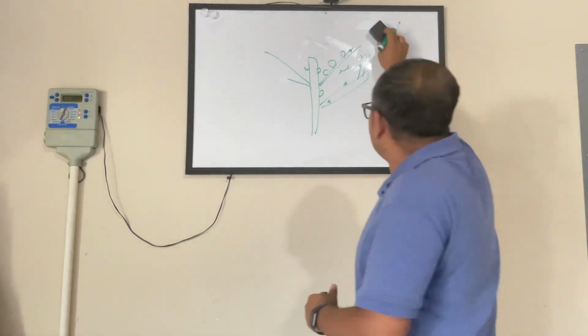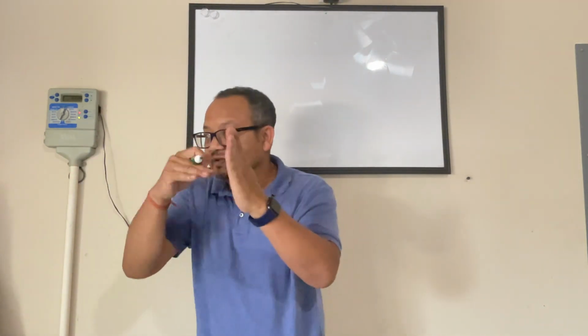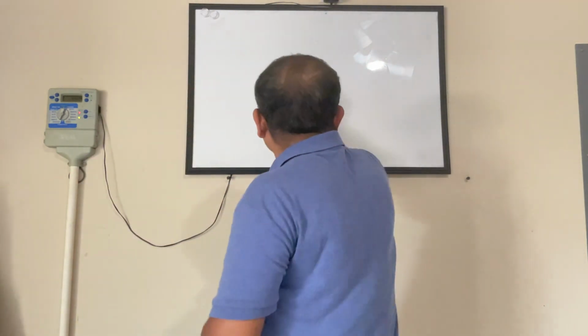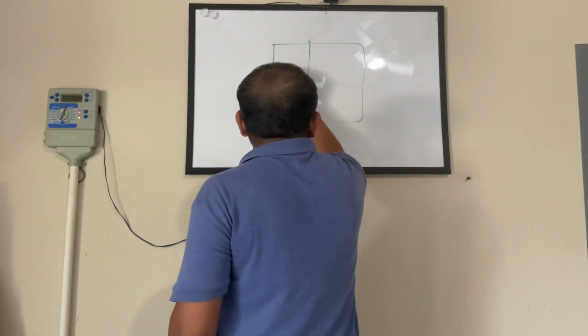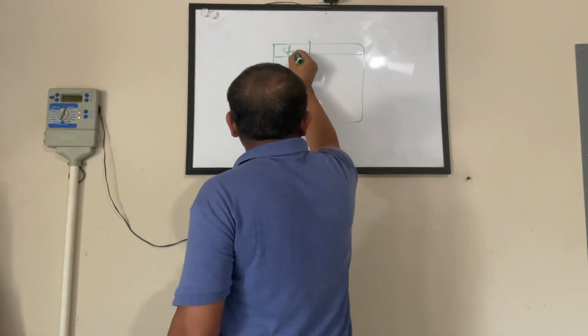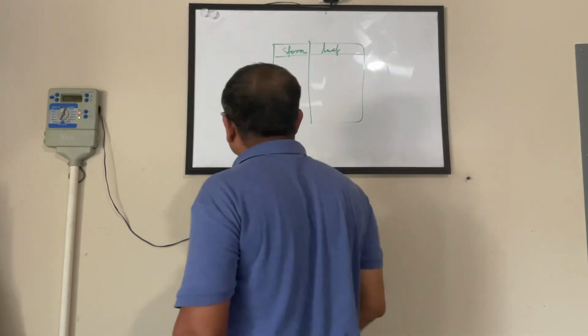Now it is the same way. The stem is the main branch to which your leaves are attached, and this is what it represents. It looks something like this. This is where I have all my stems, this is where I have all my leaves.